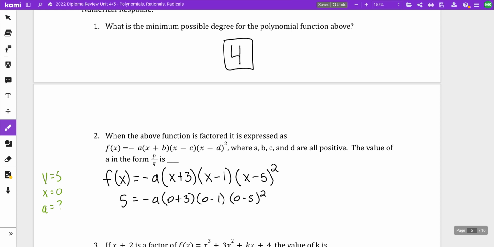Quick calculation of those things. 0 plus 3 is 3. 0 minus 1 is negative 1. 0 minus 5 squared is positive 25. Little more quick math. Multiply those things together. I have 5 equals negative a times 3 times negative 1 times 25, which is negative 75.